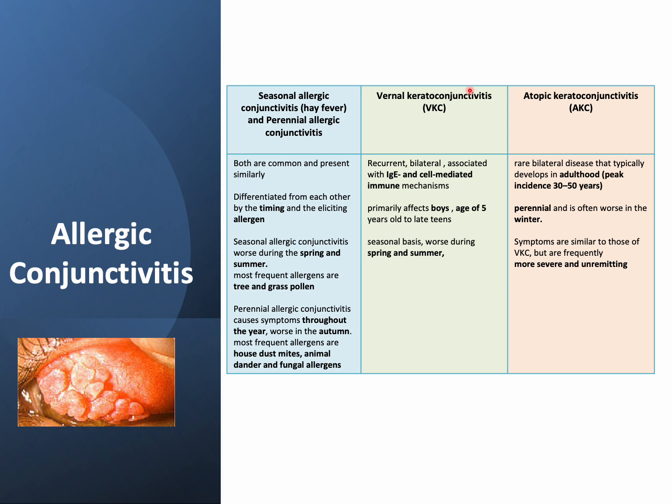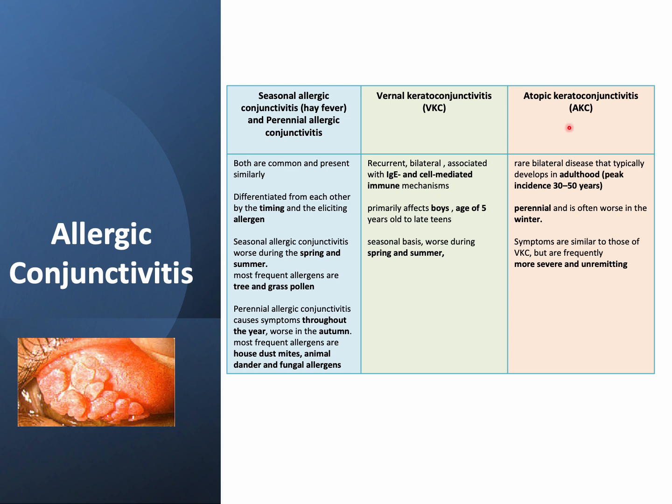Usually it is associated with immunoglobulin E and cell-mediated immunity. It affects boys, usually from childhood till teenage years, from 5 to around 18. Usually with advancing age, the severity of the symptoms decreases. It's seasonal and worsens over the spring and summer.